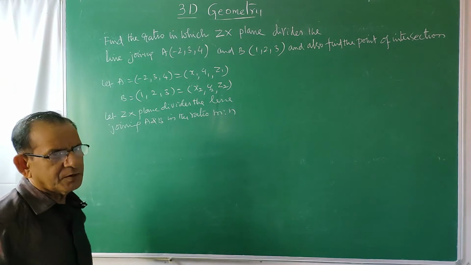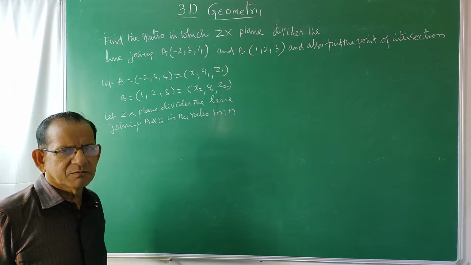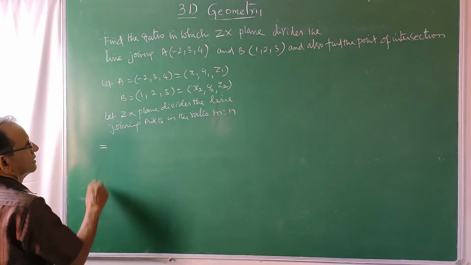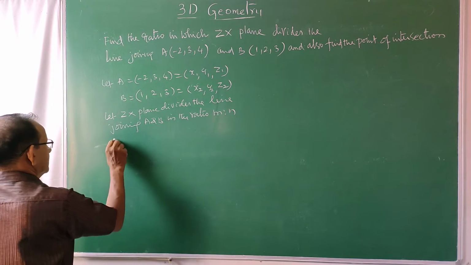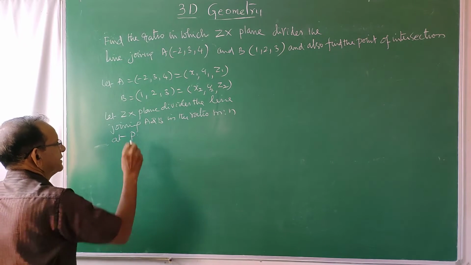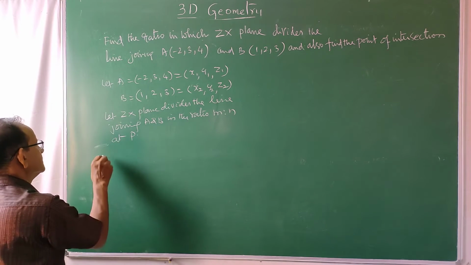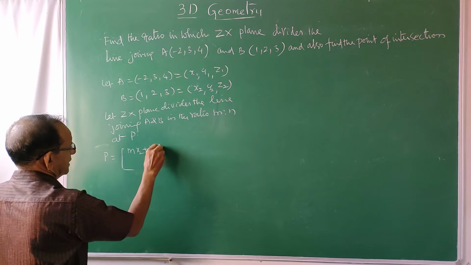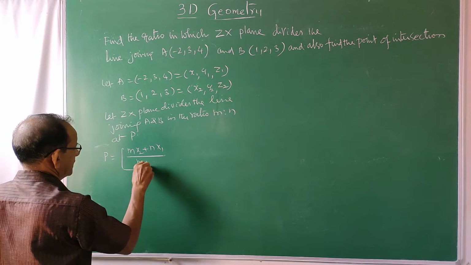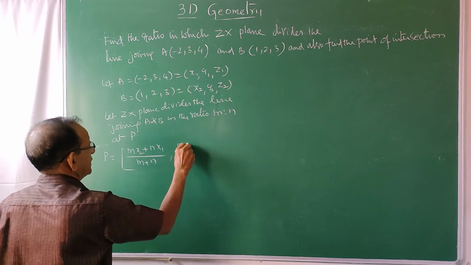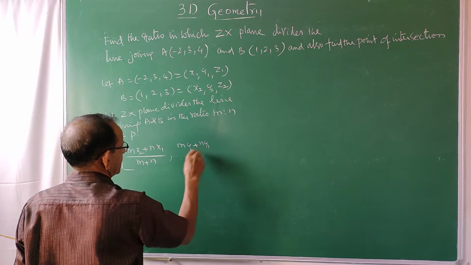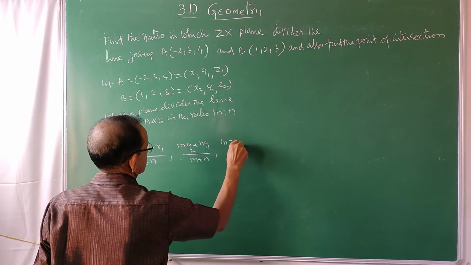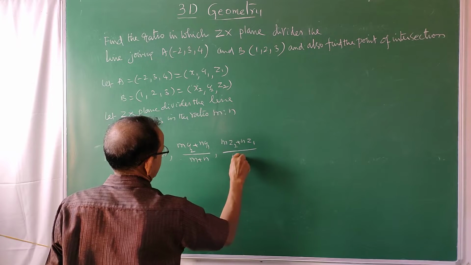According to the formula, it is (mx2 + nx1)/(m + n). Let us assume that the point of intersection is P. So P = ((mx2 + nx1)/(m + n), (my2 + ny1)/(m + n), (mz2 + nz1)/(m + n)).